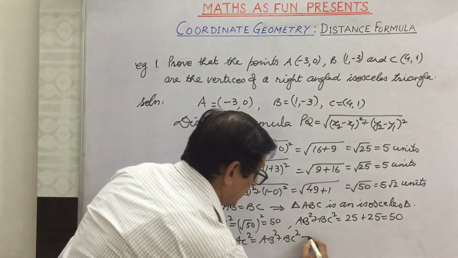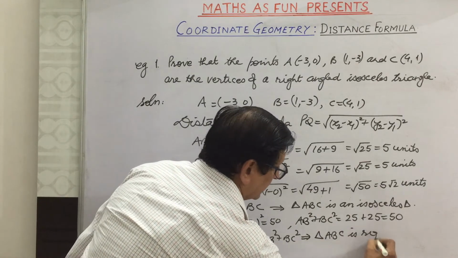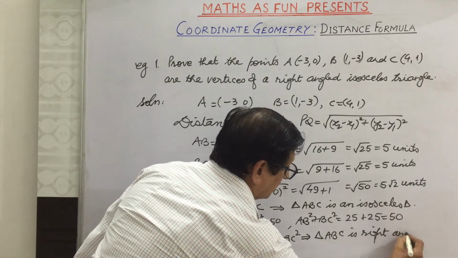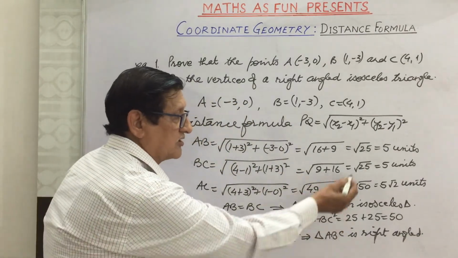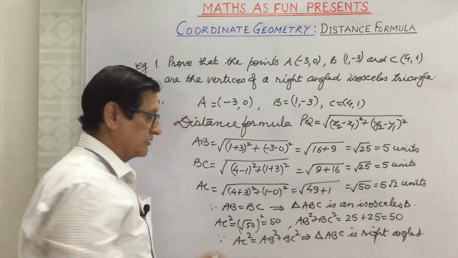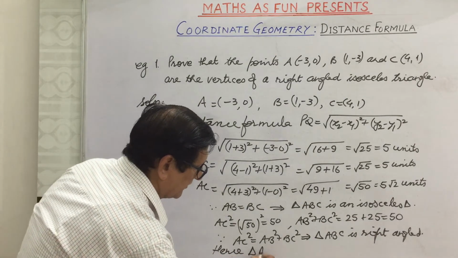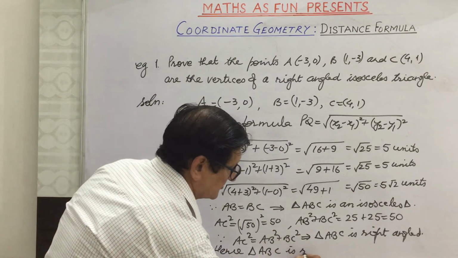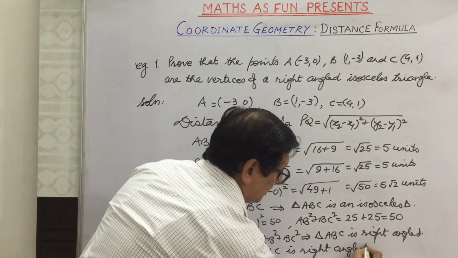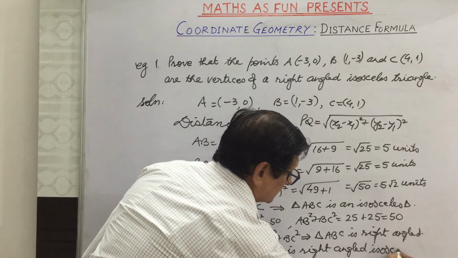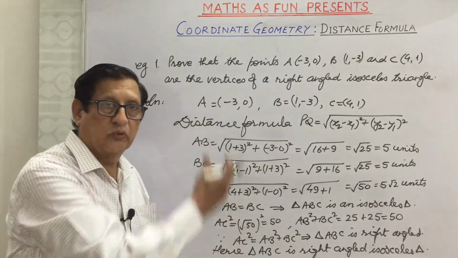So we can say that triangle ABC is a right angled triangle. Combining these two, we find it is an isosceles right angled triangle. So we can write, hence triangle ABC is a right angled isosceles triangle, and that's what we have to prove.